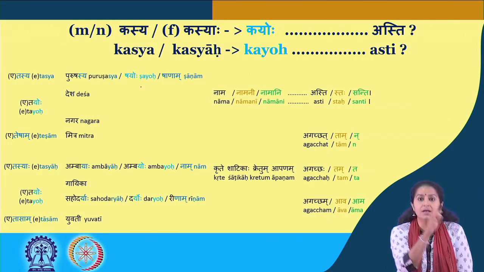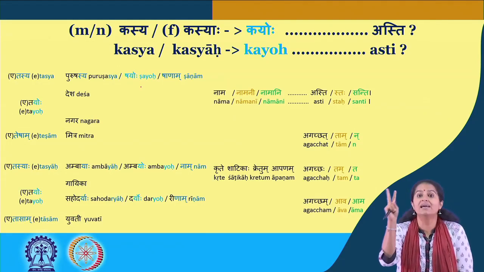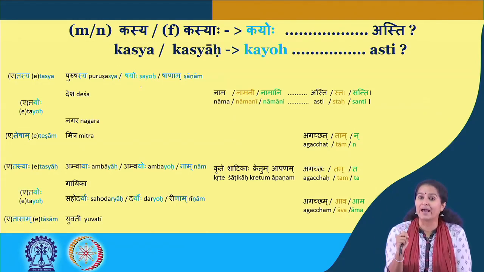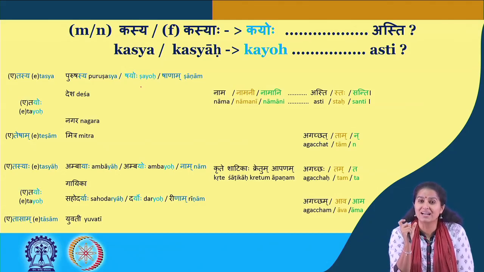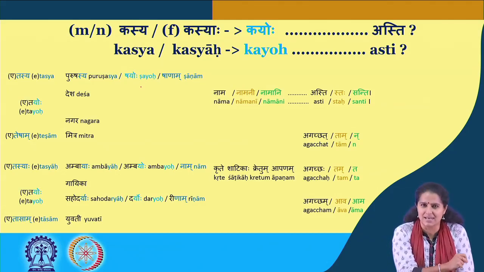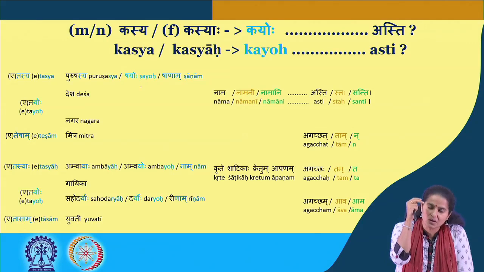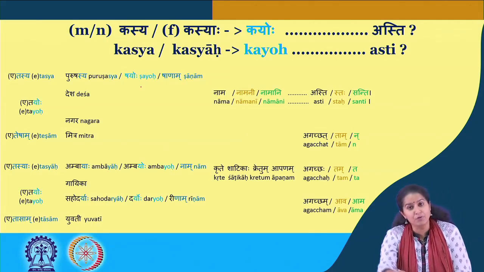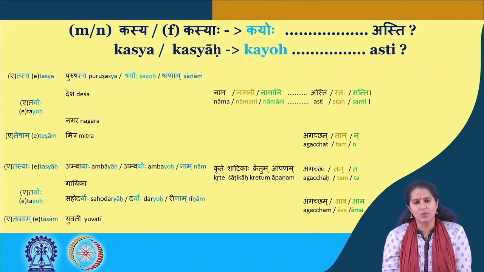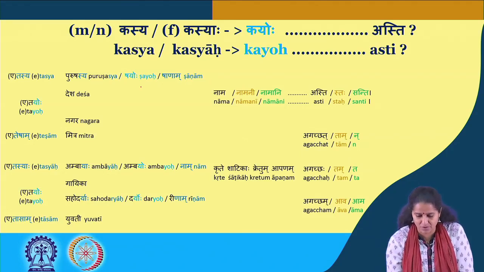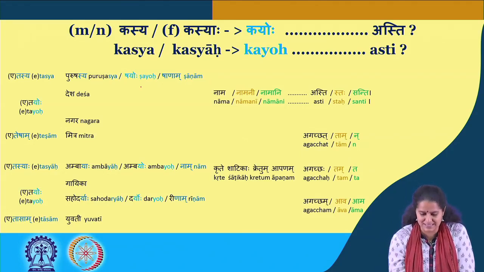So nama, namani. Why? Because the root form of the word nama is naman. It ends with a consonant, naman, and therefore it gets this form. We'll look at similar things later on in the series.